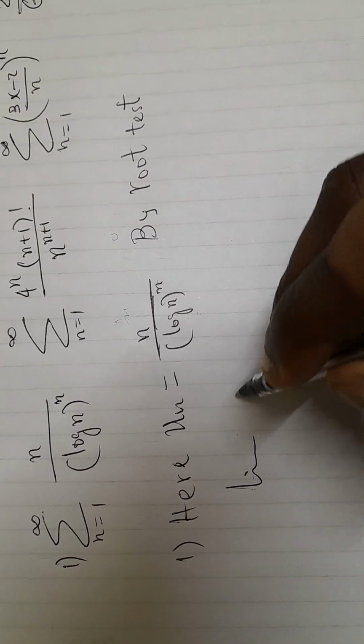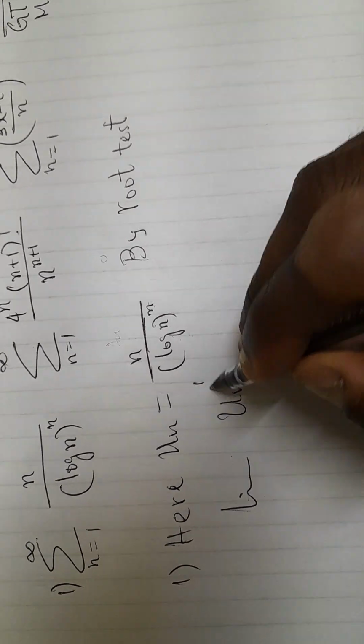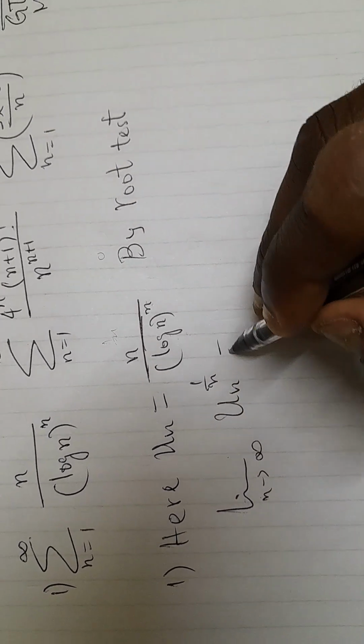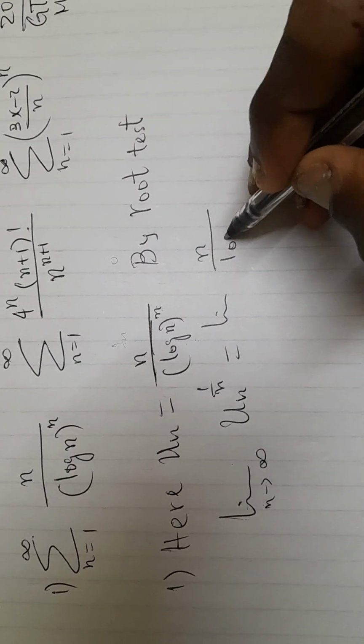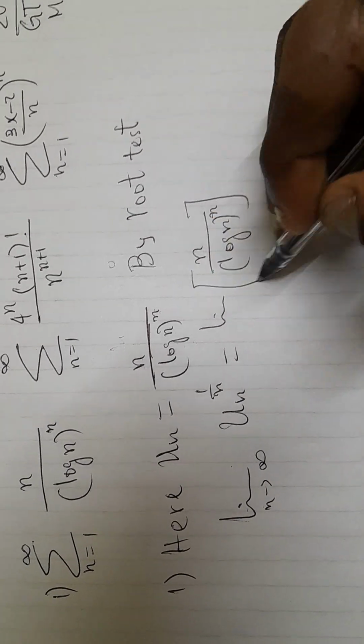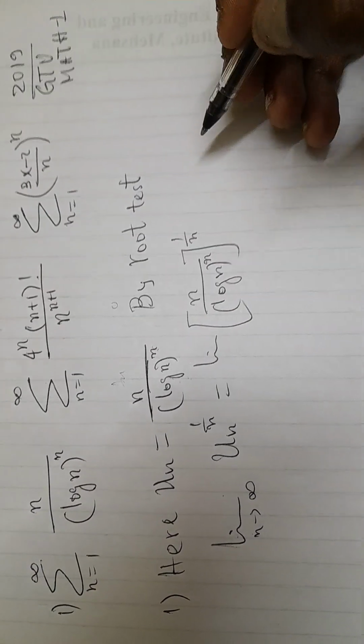So by root test, you get the limit of u_n to the power 1 upon n as n goes to infinity. This will be the limit of n upon log n, all raised to 1 upon n.